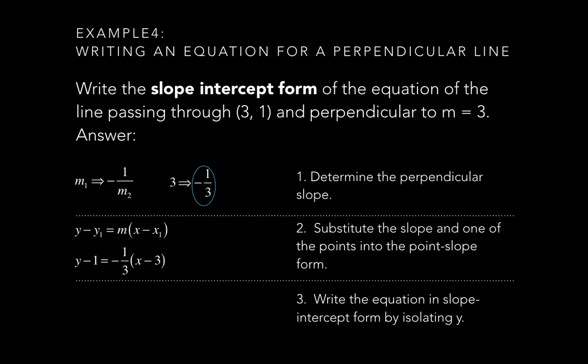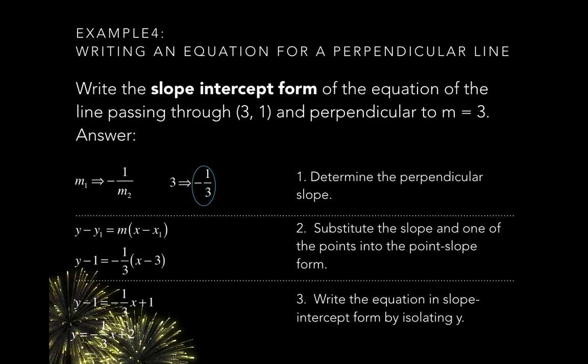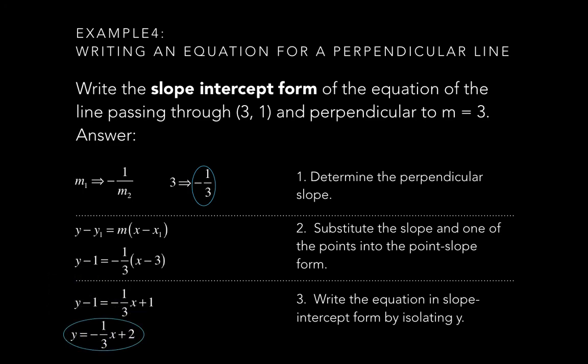Slope-intercept form, again, is y equals mx plus b. So distribute and move the 1 to the other side by adding. And there you have it. That would be a line perpendicular to a line with a slope of 3.